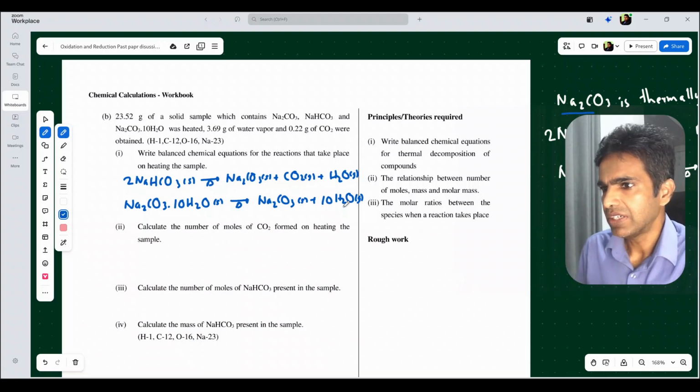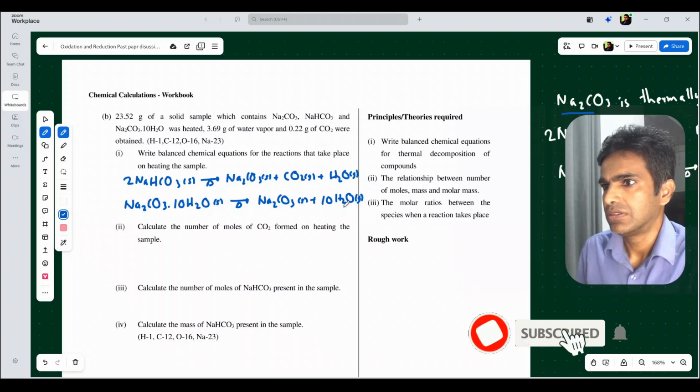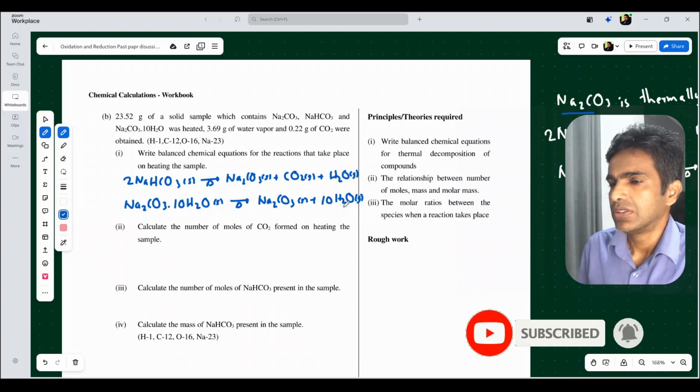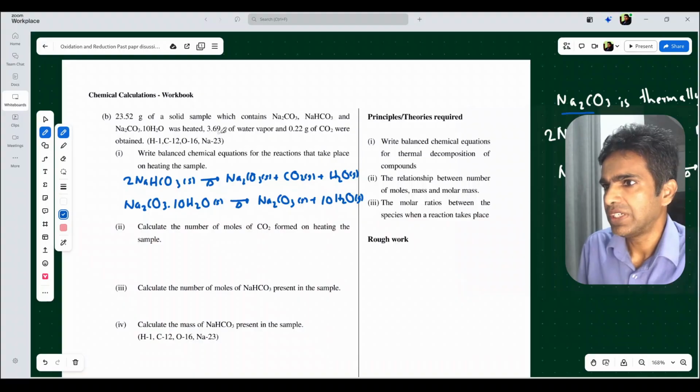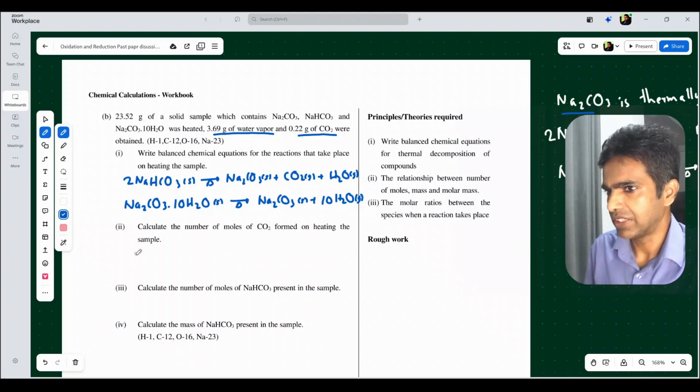Second part, calculate the number of moles of carbon dioxide formed on heating the sample. So in the question, it is given that 3.69 grams of water vapor and 0.22 grams of carbon dioxide were obtained. So we can calculate number of moles of carbon dioxide formed.